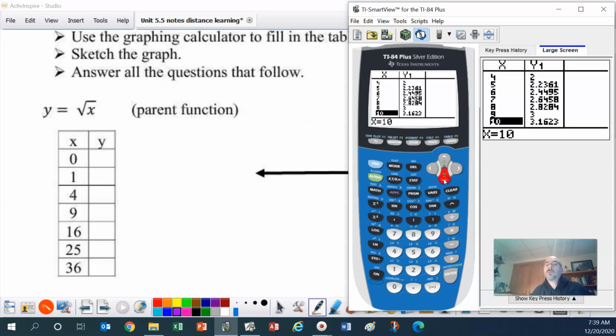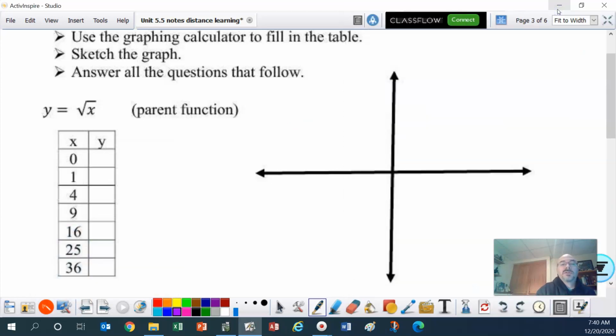The next one is 16, square root is 4, and so on. So let me fill this in. We've got 0, 1, 2, 3, 4, 5, 6. The square root of all those numbers, that's what you end up with.